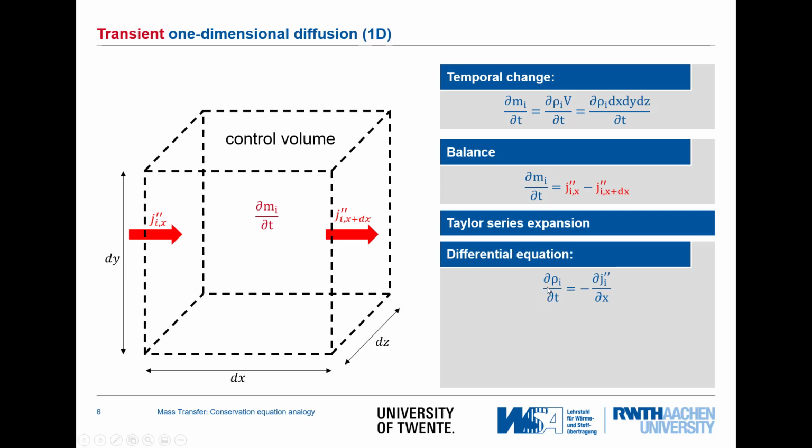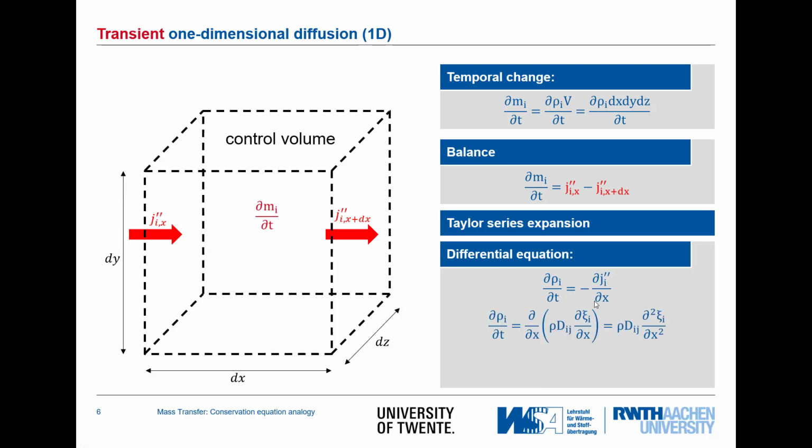We have here on the left side the change of the density versus time, and we see that these dx, dy, dz, they cross out due to the fact that they are also here the areas remaining in the flux, and the dx comes from Taylor series expansion, and thus we have on the right side the negative of the change of the fluxes with respect to the spatial coordinate.